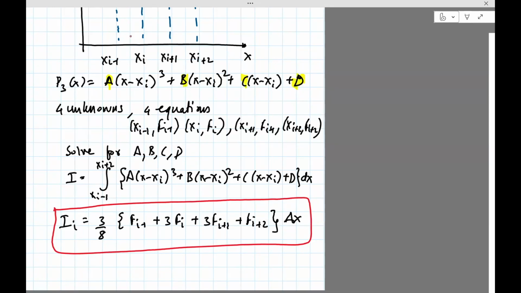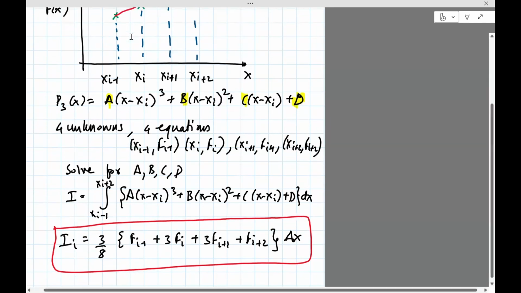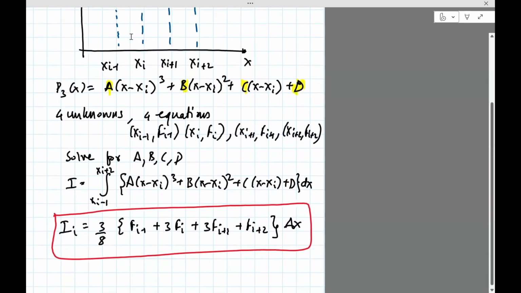Okay, so now that we have this formula for 4 points, let's try to generalize this. We in general have to do this for a curve which may not have just 4 points. So the same trick applies.